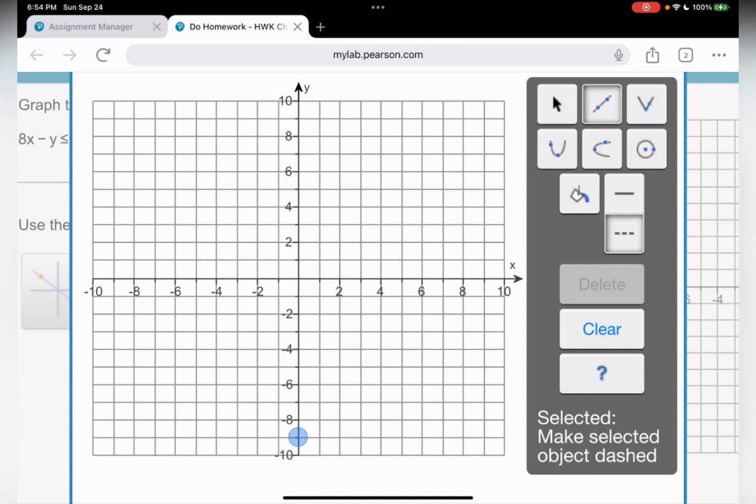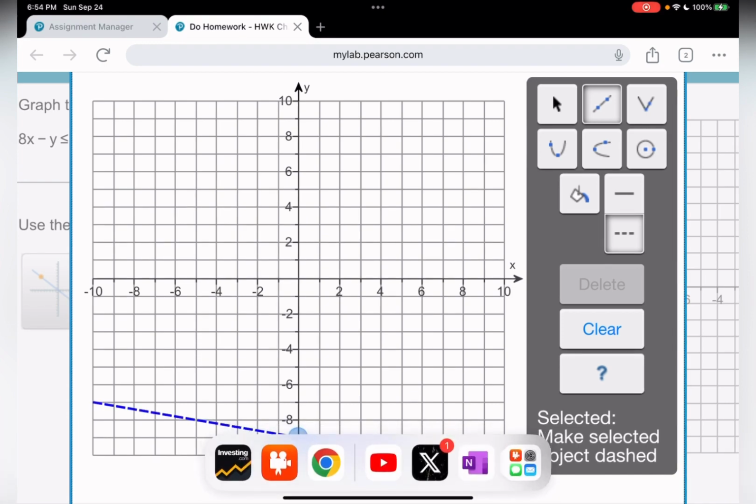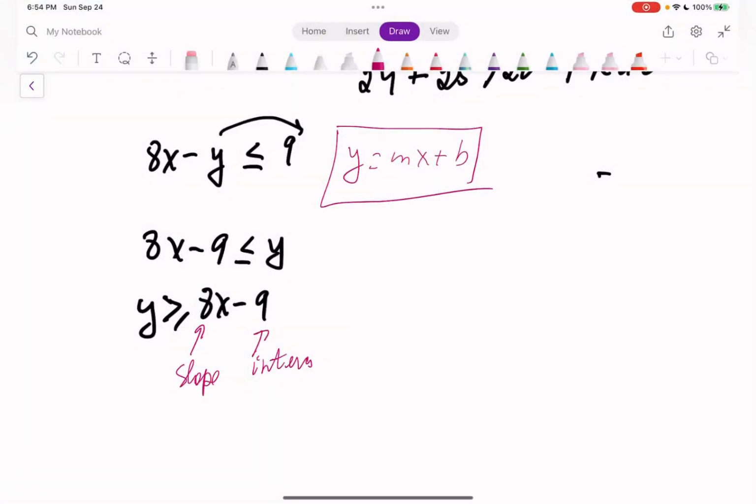Slope we always represent as a fraction. Remember, since we have the whole number 8, then my denominator I'm going to put 1, 8 over 1, which means slope is equal to 8 over 1. This is rise.